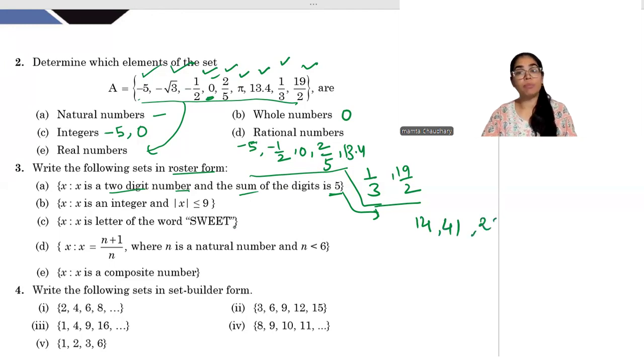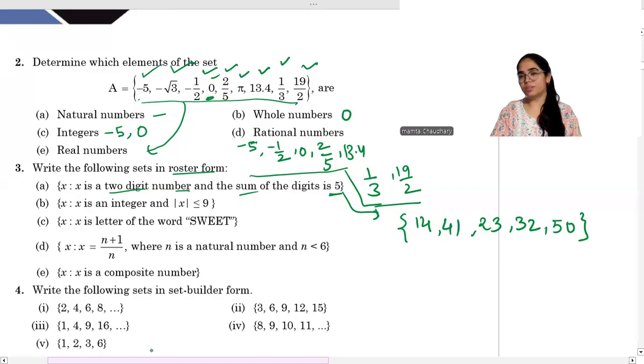Or the number can be 23, 2 plus 3 is 5, or 32. Is it only these four? Can I write 50? 50 is a 2-digit number, and if I add 5 plus 0, it will be 5. So the roster form will be 41, 14, 23, 32, 50.